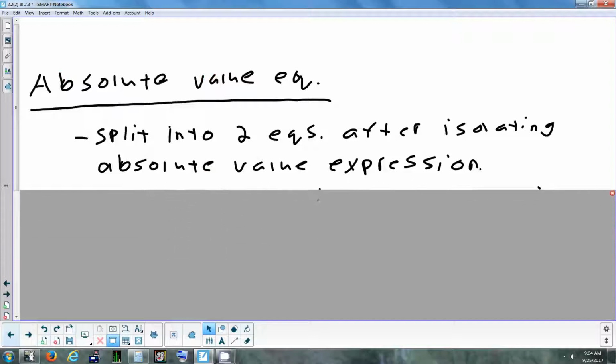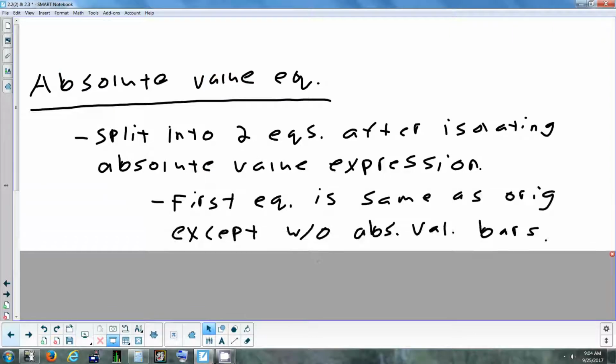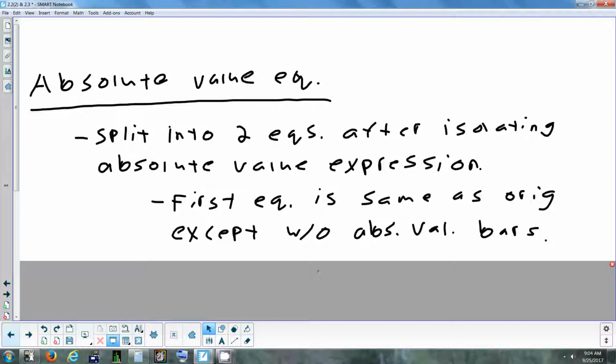We always want to make sure the absolute value expression is by itself first. Our first equation is going to be exactly the same as the original, except you take away the absolute value bars.